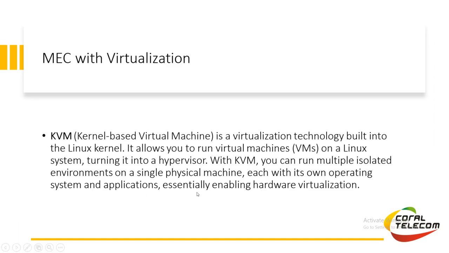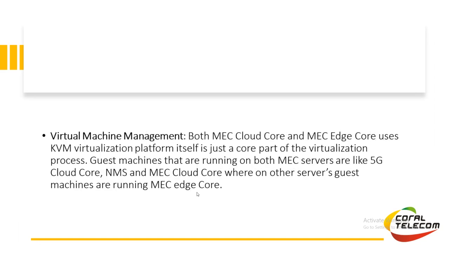So basically, virtualization is a hypervisor layer between the host and the guest machines. As we discussed, the MEC Cloud Core and MEC Edge Core use the virtualization platform as a core part of the virtualization process.